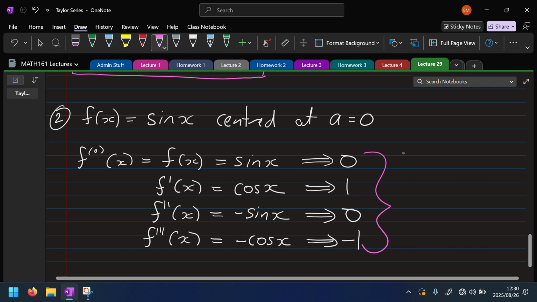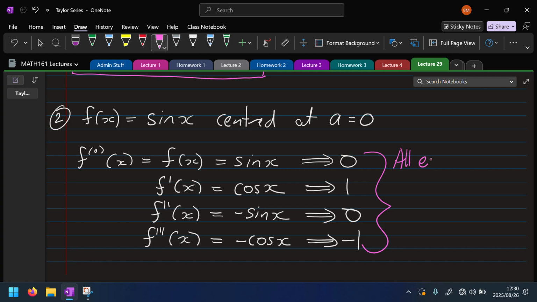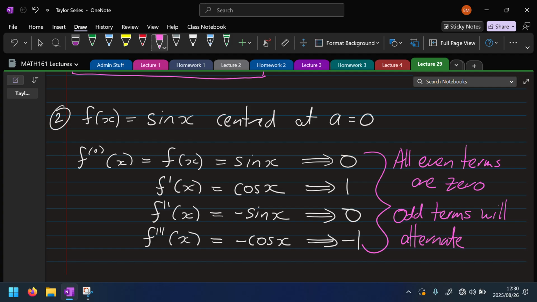So all even terms are 0. What about the odd terms? That will be 1, minus 1, 1, minus 1. They alternate. So it'll be plus 1, minus 1, plus 1, minus 1.